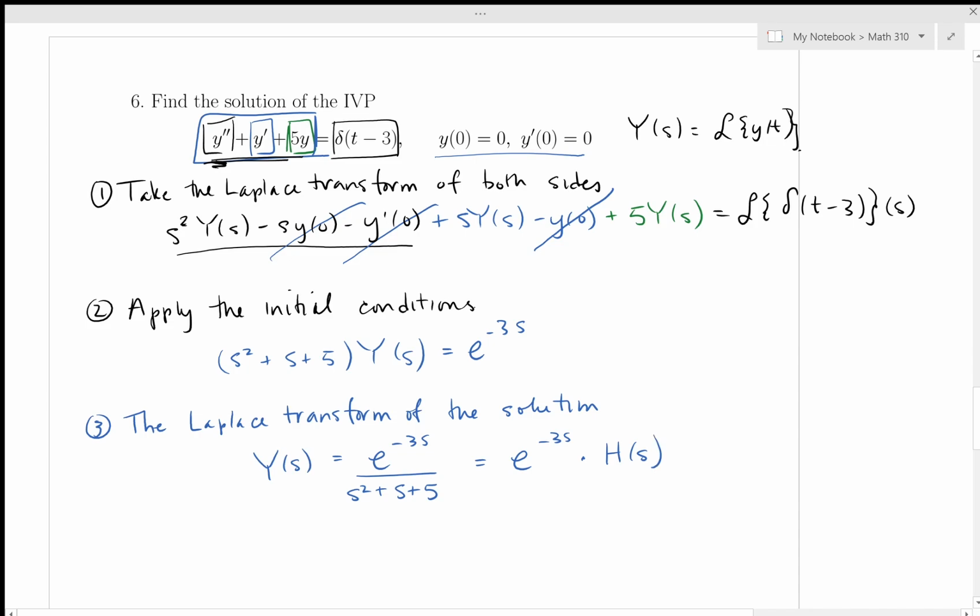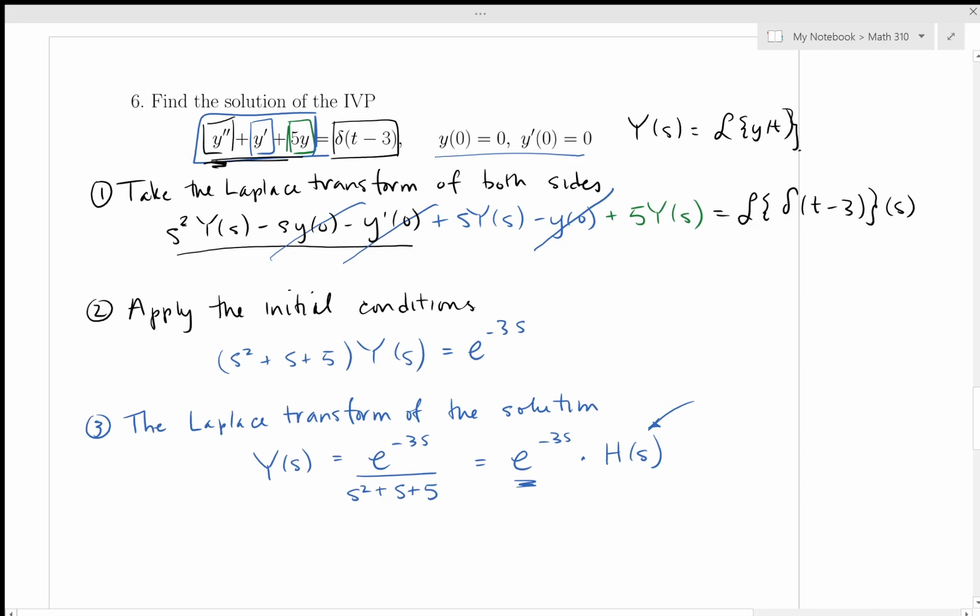I am separating it like that because when we take the inverse Laplace transform, we have a formula that tells us that when we delay something in the time domain, we are multiplying by this exponential in the frequency domain, the domain where we have s as our independent variable.